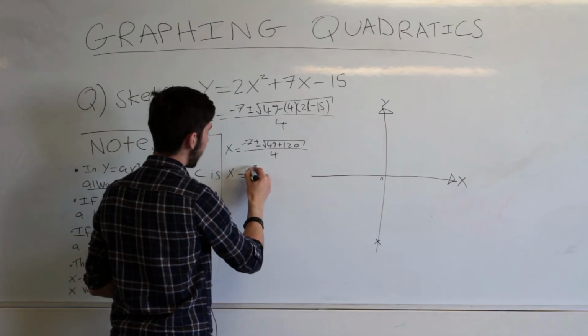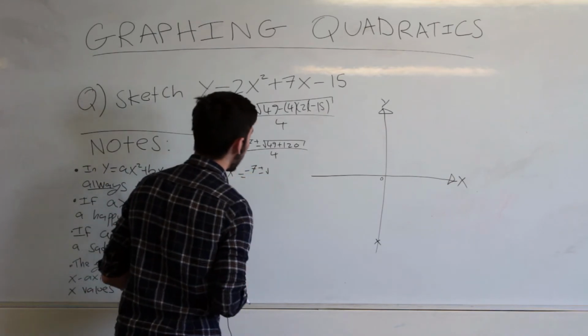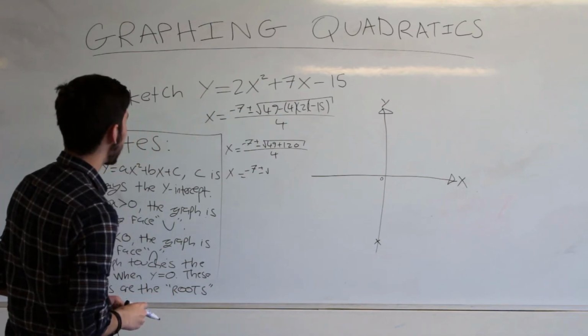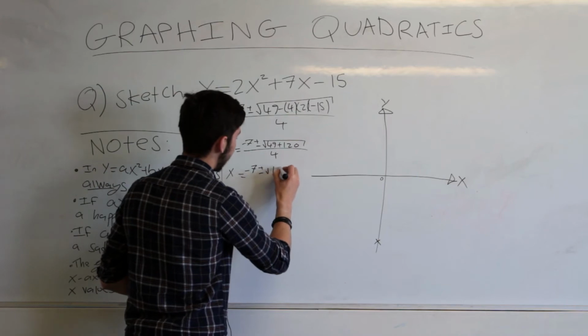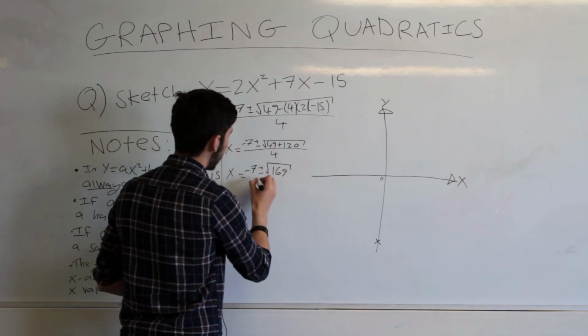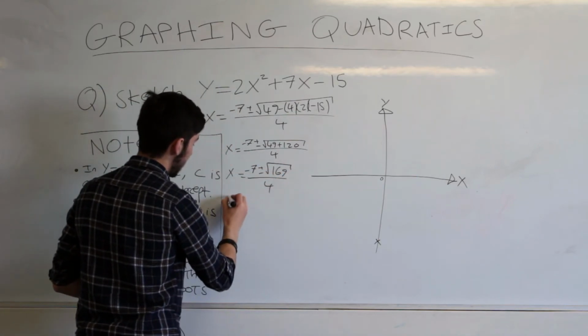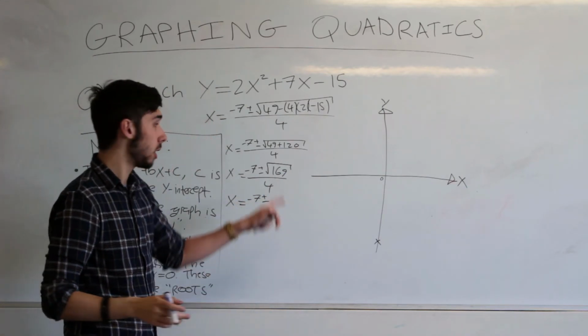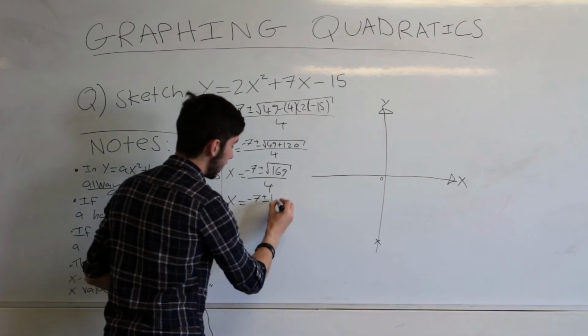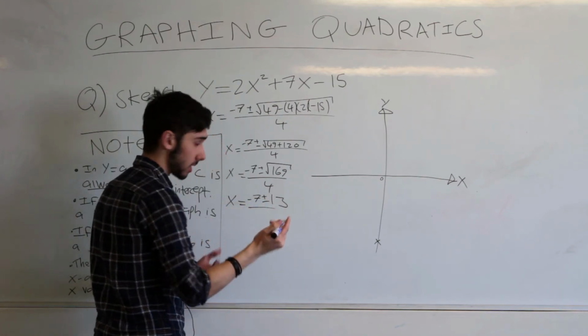X is equal to minus 7 plus or minus the square root of 49 plus 120, which is 169. Divide the whole thing by 4. Now you can use a calculator: the square root of 169 is 13. 13 squared is 169.